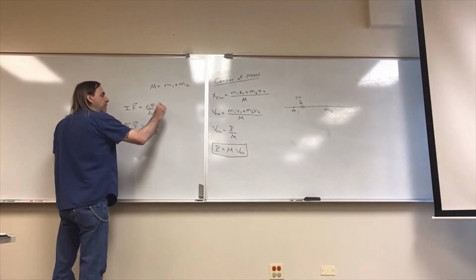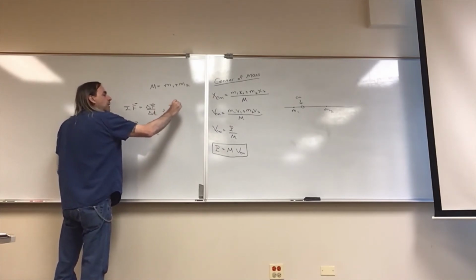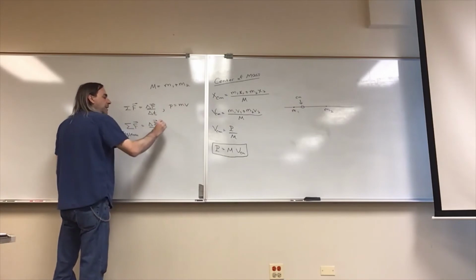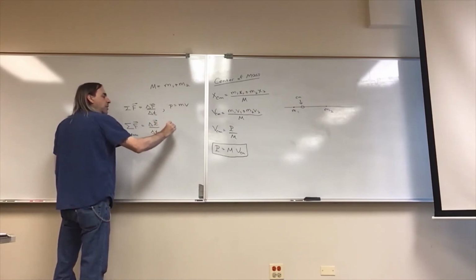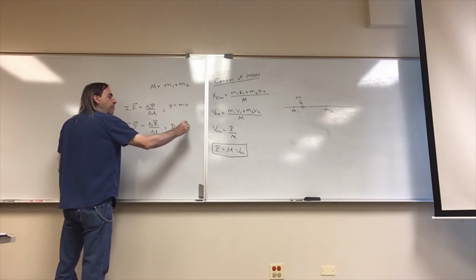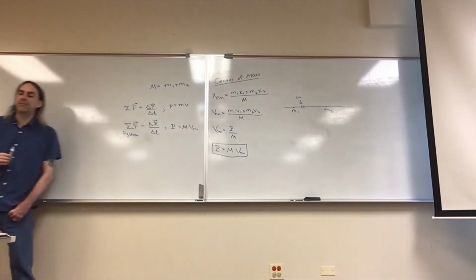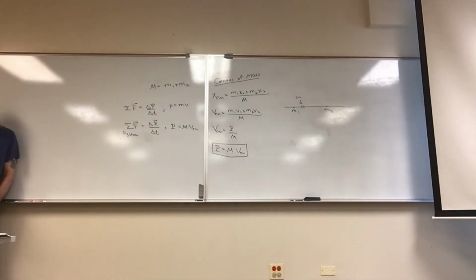And similarly, the momentum of a single particle is its mass times its velocity. For a system of particles, the momentum of the system is equal to the total mass of the system times the velocity of the center of mass of the system.